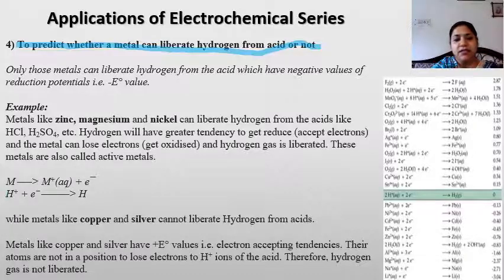Because in acid the hydrogen is in H plus state, and when it combines with electrons, it will be reduced to H. So only those elements which have the ability to reduce hydrogen will liberate hydrogen, and those which do not have the ability to reduce hydrogen will not liberate hydrogen from the acid.